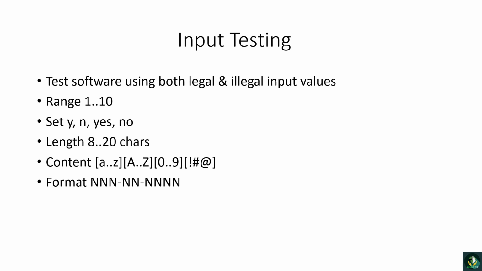Using this data set, both legal and illegal input must be handled correctly. Input data can be restricted to a specific length of characters, and passwords are often restricted to a length between 8 and 20 characters. Input data inside this range is legal and outside is illegal.